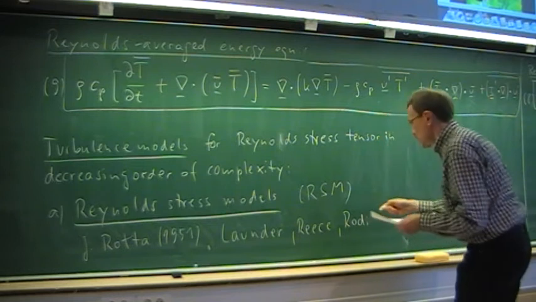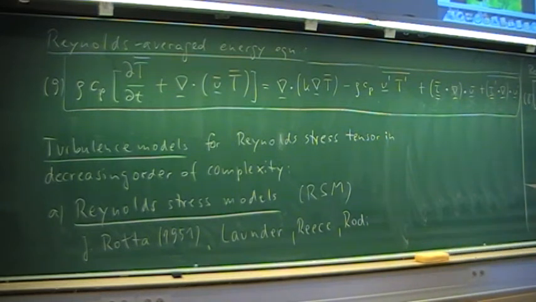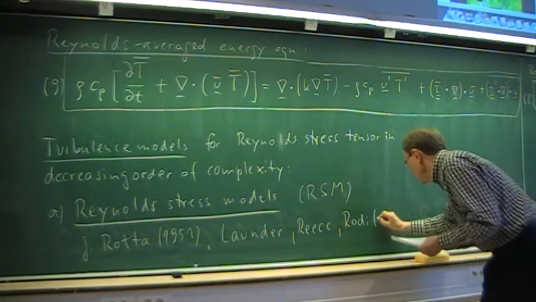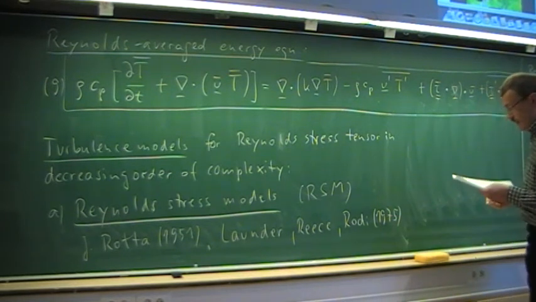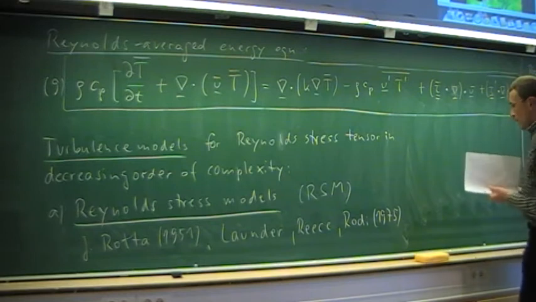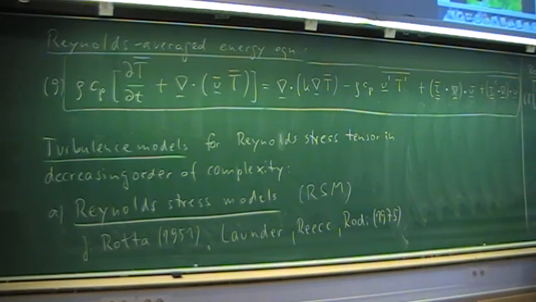Rodi has later been in Karlsruhe, so 1975. I just want to give you the idea. I don't want to give you all the details that would take us too far. It's just to give you an idea of the complexity.